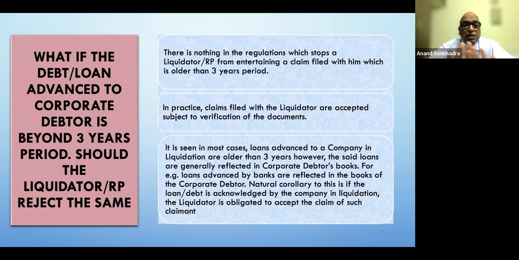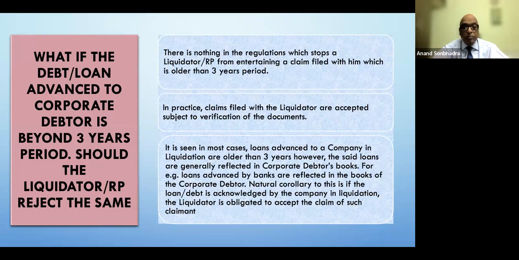Of course, one may be constrained to verify in case no books, records, or agreements have been given to the RP or the liquidator by the promoters of the company. That's not available. Then the issue of verification of claims would come.